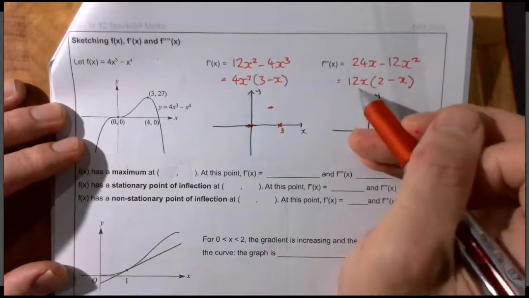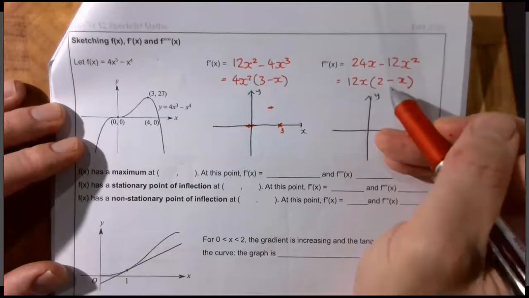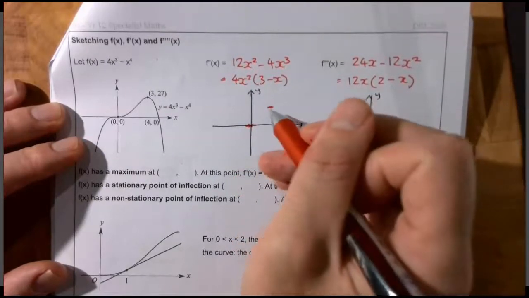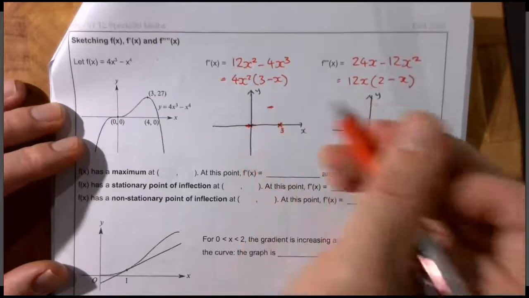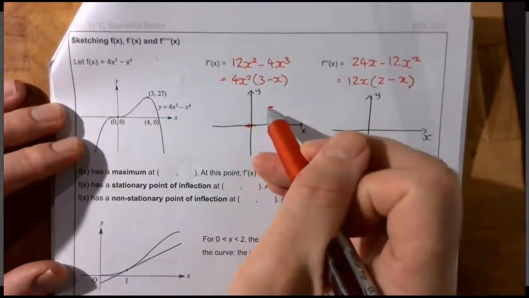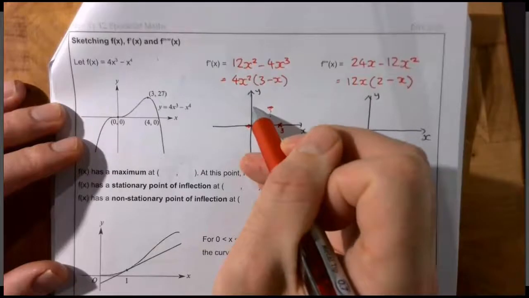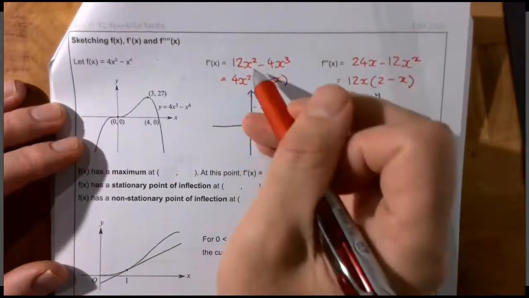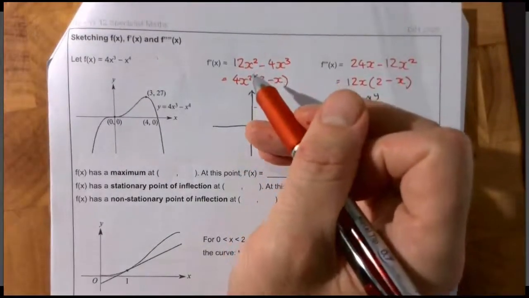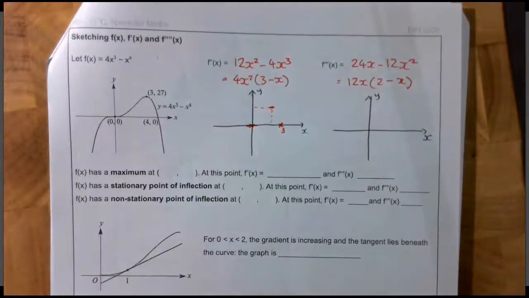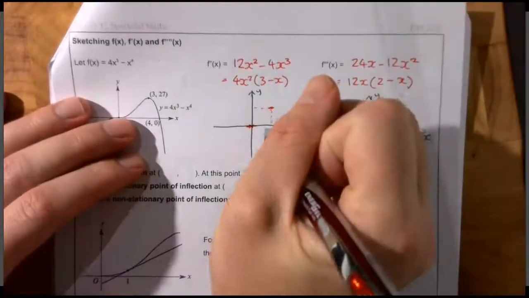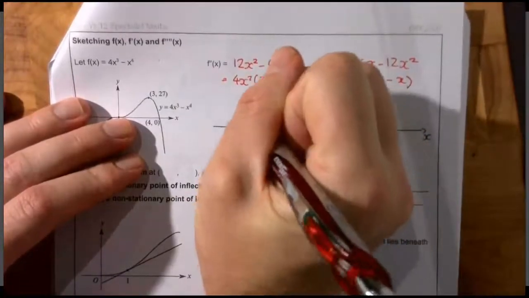And we see that the derivative is equal to 0 when x equals 0, when x equals 2, which gives me 2 stationary points. And to work out the y-coordinate here, I substitute in x equals 2 to the first derivative, and I think it gives me 16. So we have a stationary point at 2, 16.